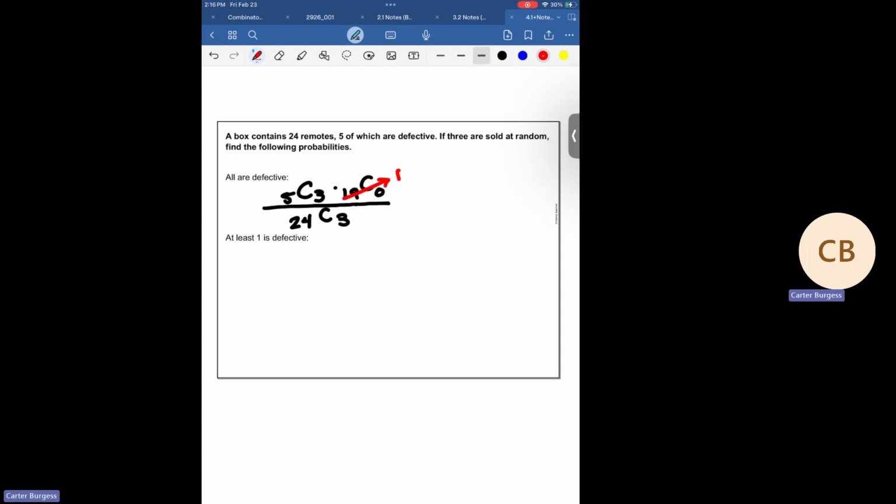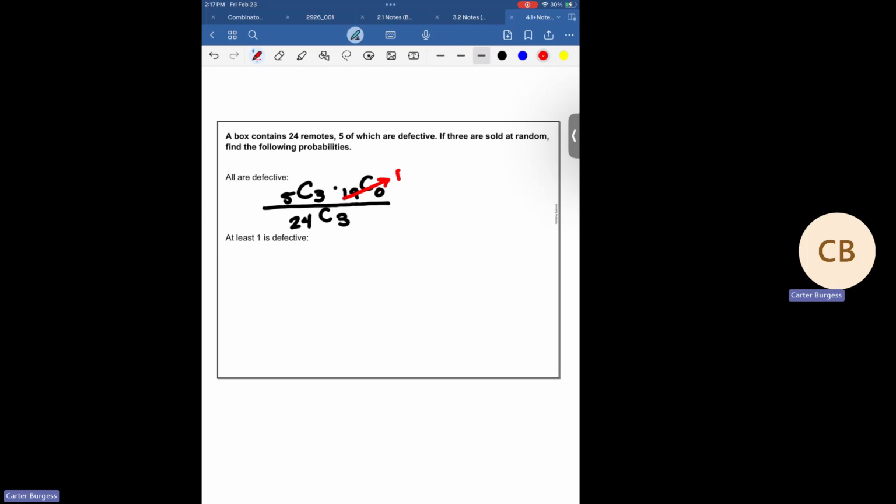What do I do with my OR probabilities? I'm going to add them together. Is it possible to both sell 1 defective remote and 2 that work, and also sell 2 defective remotes and only 1 that works within one 3-remote session? Am I going to have overlap in my results?